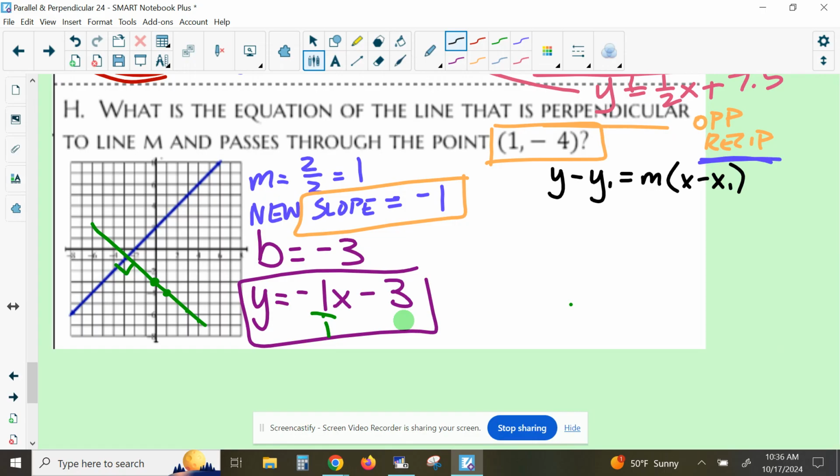Okay, so plugging in, what do we have? y stays there, minus, who's y1? -4, so it's y minus -4, which we know is really a +4. m is what? -1, parentheses, x minus 1. Okay. All I did was plug in.